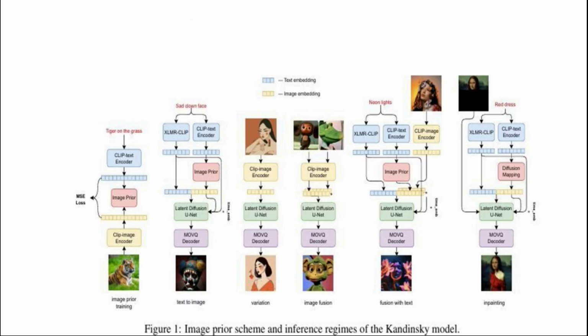One of its standout features is the modified MOVQ, that is multi-objective vector quantization implementation, which acts as an advanced image autoencoder. So this allows Kandinsky to generate high quality images while keeping computational costs manageable.